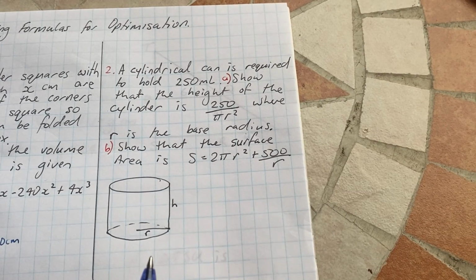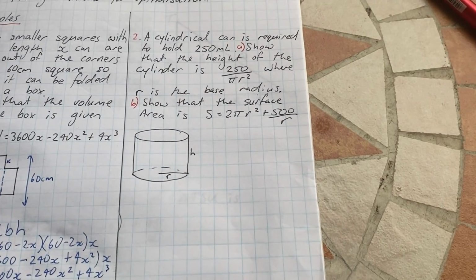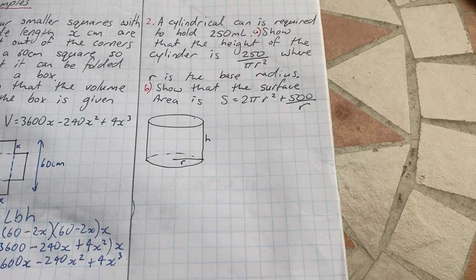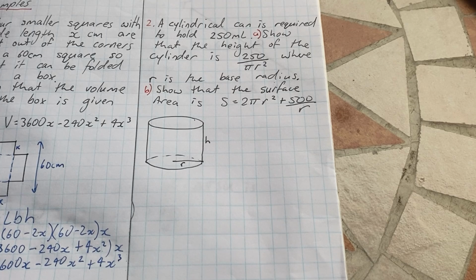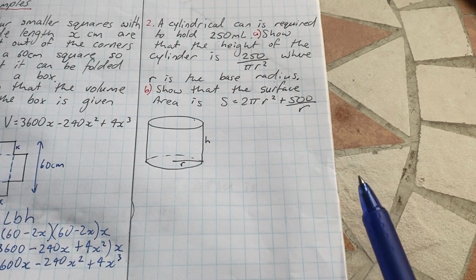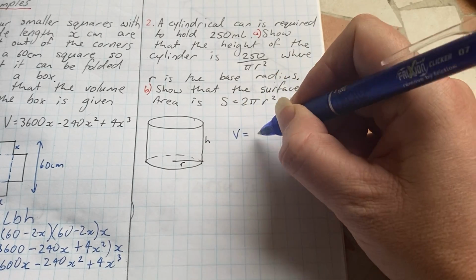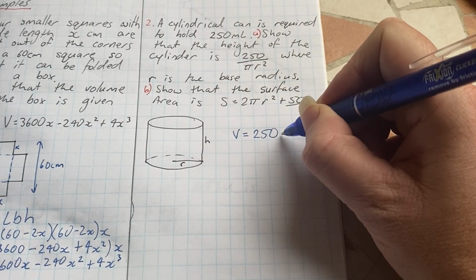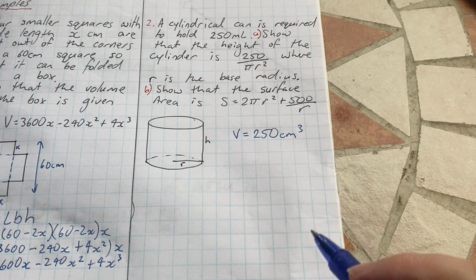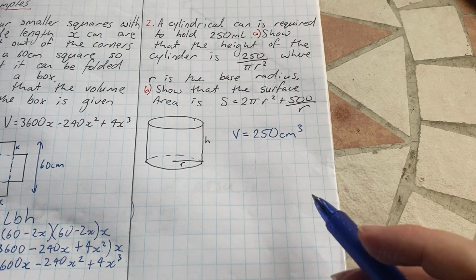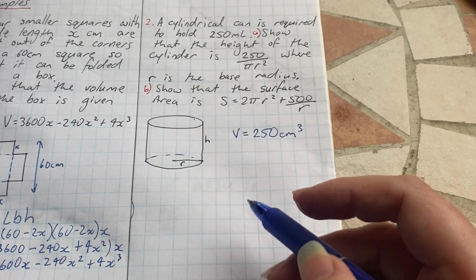So the initial information that we were given here is that it's required to hold 250 ml. So that's the volume, is 250. Remember that 1 cubic centimeter holds 1 mil. So the volume is 250 centimeters cubed. That would hold 250 mil. Now we've got a formula for the volume of a cylinder.